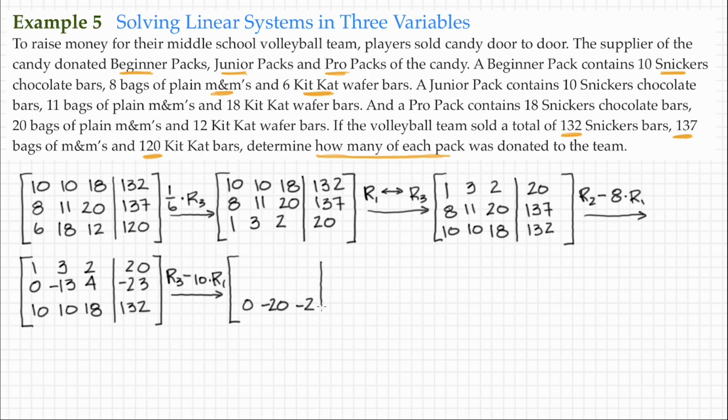Bring down my vertical bar. 20 times 10 is 200. 132 minus 200, it's negative 68. Close off the matrix. Fill in the rest.